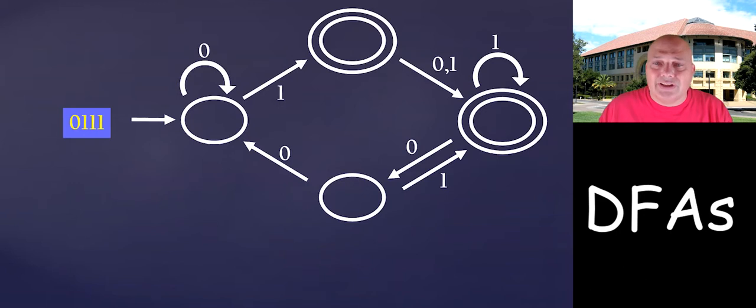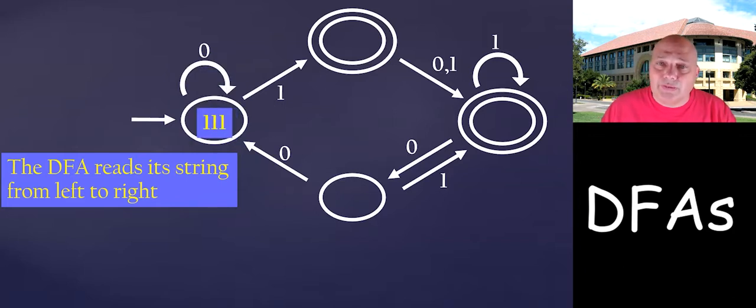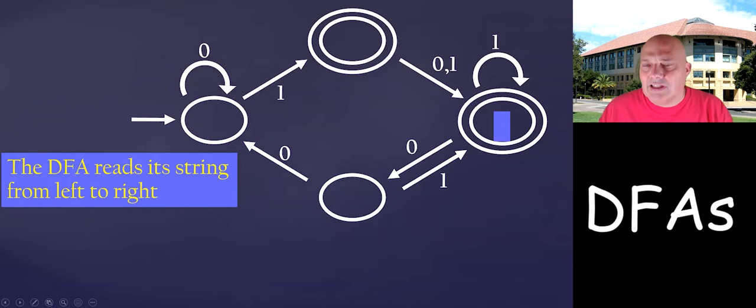So we start in the start state, and then we read the first bit, which is a 0. The transition tells us to stay put. We stay in the same state. We read the 1, which moves us to the next state. We read another 1, which gets us to another state. And this one stays put.